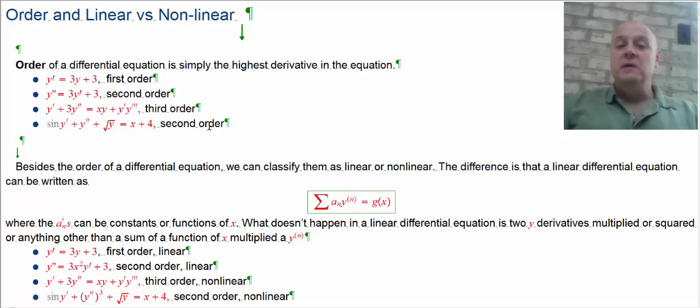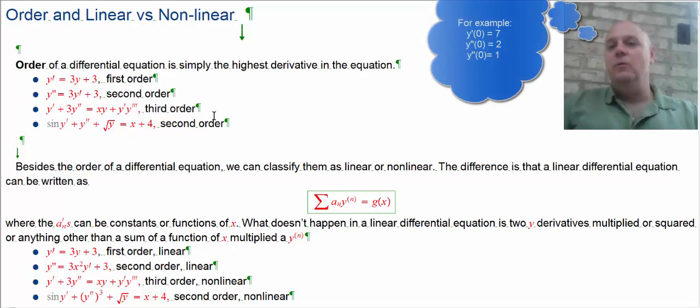Now solving a third order differential equation is akin to integrating that equation 3 times, so you expect to get 3 constants of integration. How do we get those constants? Initial conditions. We can be given 3 initial conditions, like y naught equals a number, y prime naught equals a number, and y prime prime naught equals a number.